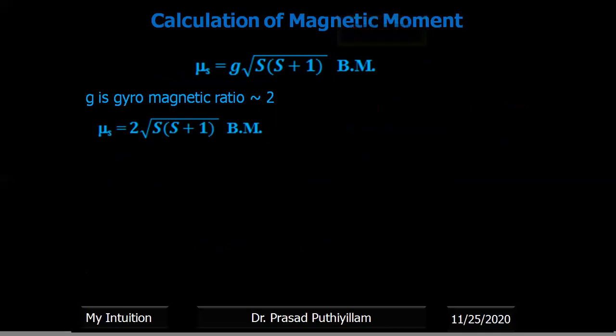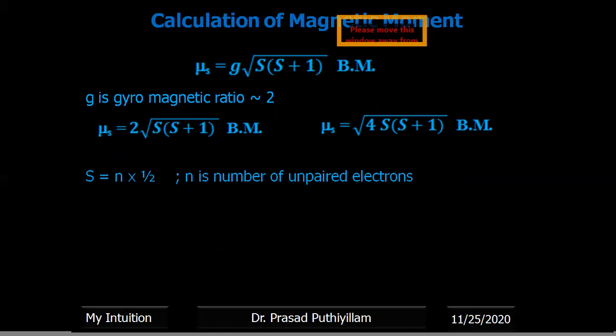Taking the 2 inside the square root, it becomes square root of 4S into S plus 1 Bohr magneton. Here S is the number of unpaired electrons multiplied by the spin of an electron, that is half. Substituting that value, mu s is equal to square root of 4 multiplied by n by 2, into n by 2 plus 1.